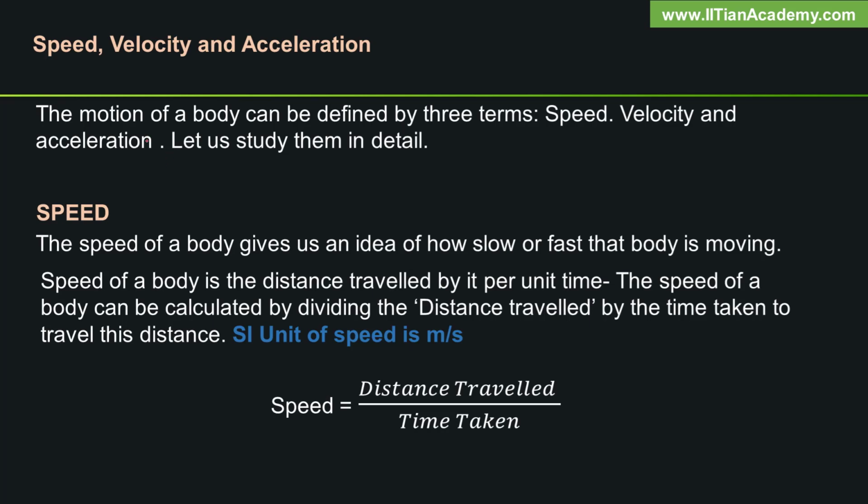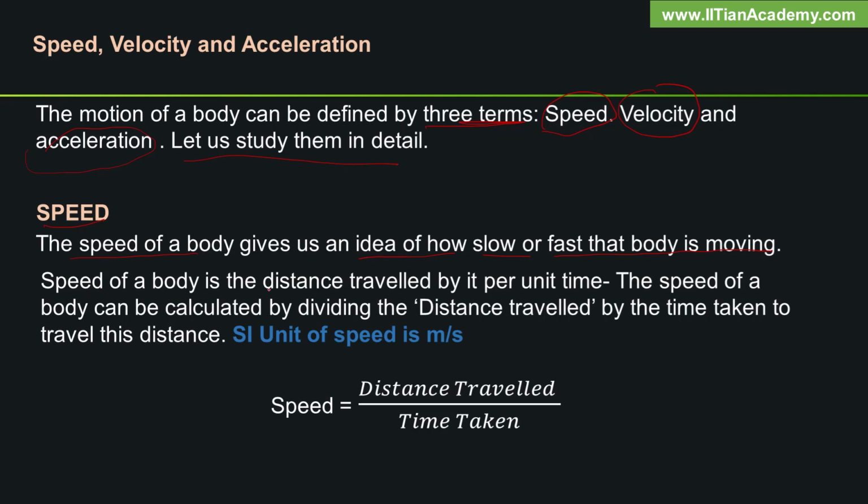The motion of a body can be defined by three terms: speed, velocity, and acceleration. Let us study them in detail. The speed of a body gives us an idea of how slow or fast that body is moving.